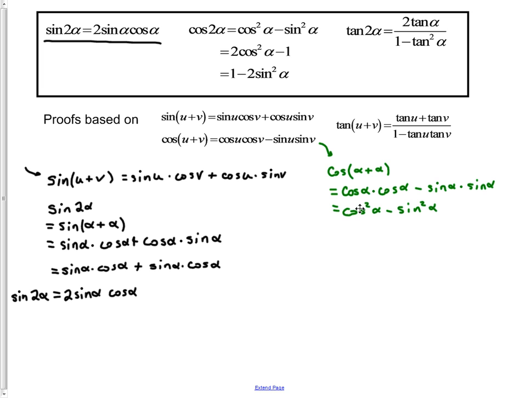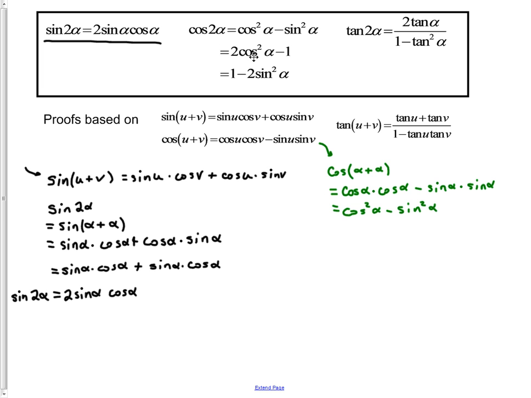Now, you might note, well, this looks an awful lot like that other Pythagorean identity, but you must remember that was where we had cosine squared alpha plus sine squared alpha. So that doesn't change the sign and give us 1. That's not what this says at all. This says if you take the difference of the two squares, cosine minus sine, you get cosine of alpha plus alpha, which is cosine 2 alpha.